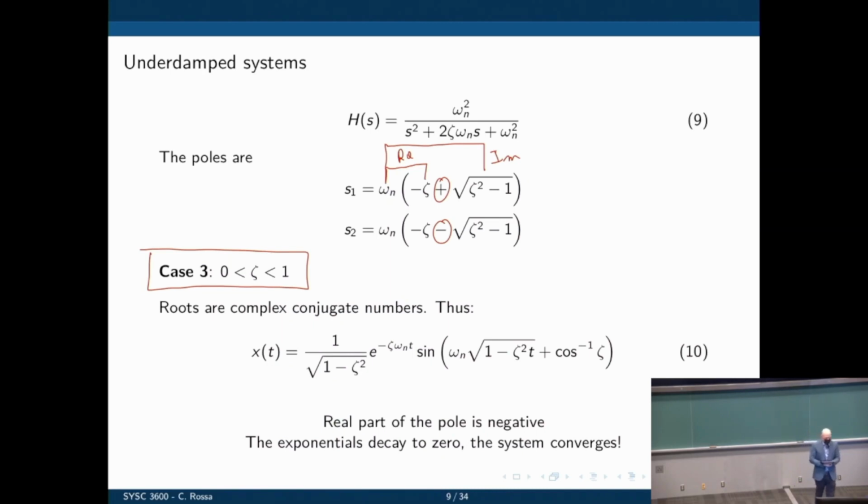So in this case, we call this type of system the underdamped system. Why underdamped? Because now the damping ratio is between 0 and 1. The time response will change because now we see the exponential component there, but we also see an imaginary component in the poles. And if you remember from the definition of the Laplace transform, the imaginary part is what gives rise to the sinusoidal components in the time response.